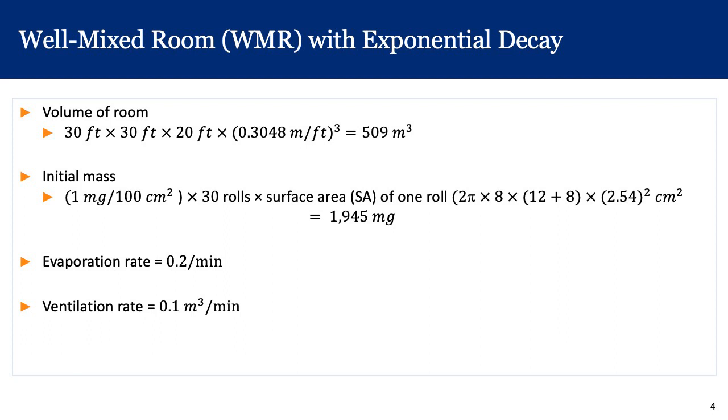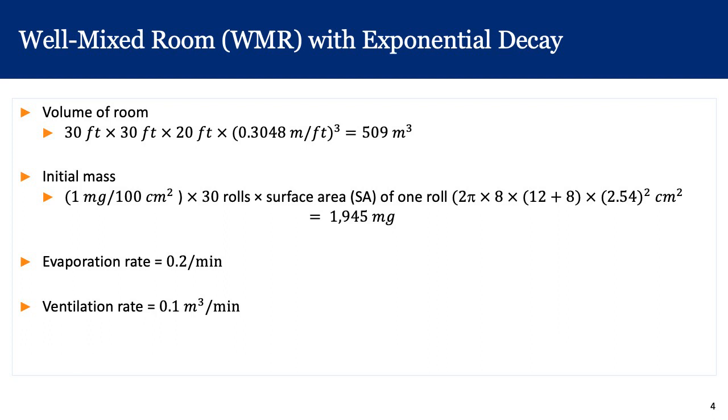One simple way is to say it's a cylinder, so the surface area of one roll is modeled as 2 pi times the radius of the cylinder, which is 8 inches, times the length, 12 inches. So 2 pi times 8 times 12 plus 8, converting inches into centimeters with the 2.54, and you get 1,945 milligrams of toluene on 30 rolls of this tape.